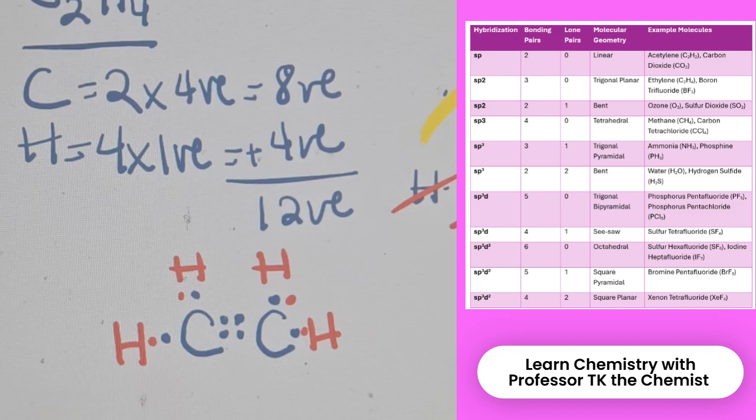Now, let's go back and make sure that both carbons must have 8. 2, 4, 6, 8. The carbon on the left has 8. 2, 4, 6, 8. The carbon on the right also has 8. Therefore, you're good with the carbons.